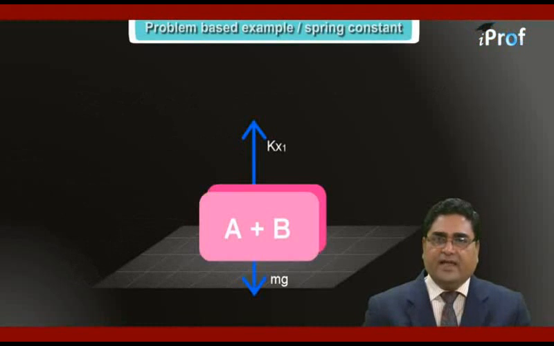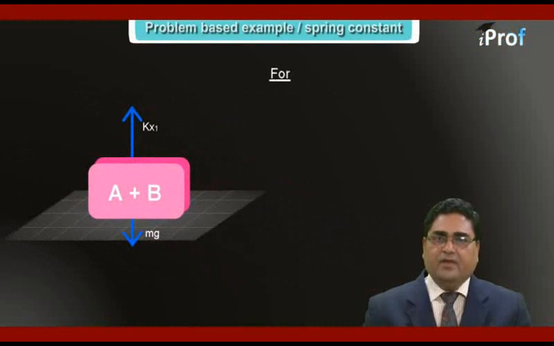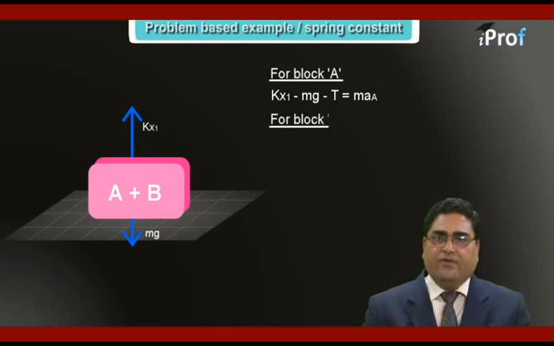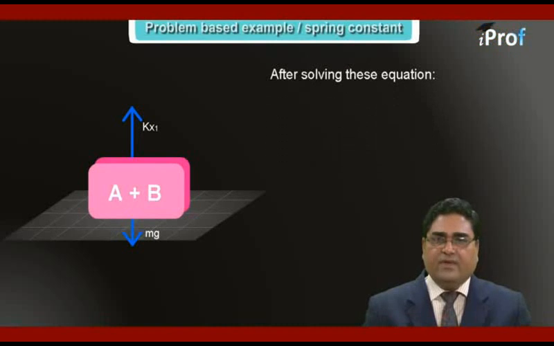Now make the free body diagram for block A and block B. For block A, Kx1 minus mg minus T equal to m into aA. For block B, T minus mg equal to m into aB. After solving these equations, we get aA equal to g by 2.